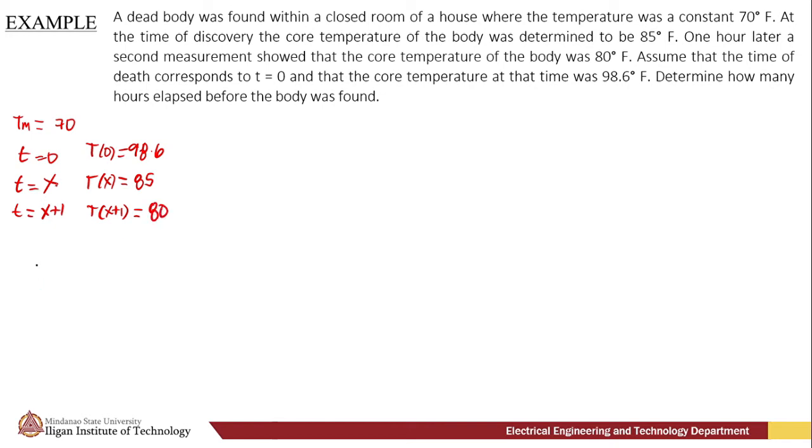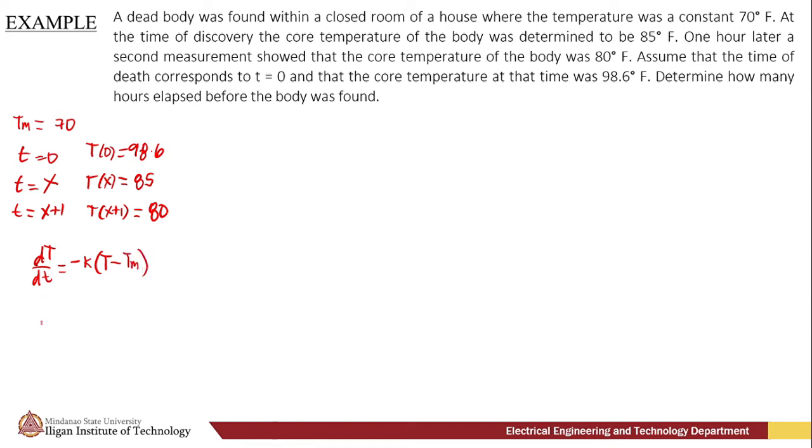So we have variable x for the time of discovery and x plus 1 for the time of the second measurement. For Newton's law of cooling and warming, our differential model is that the rate of change of temperature with respect to time is equal to negative k times the difference of the temperature of the body and the temperature of the surrounding medium.